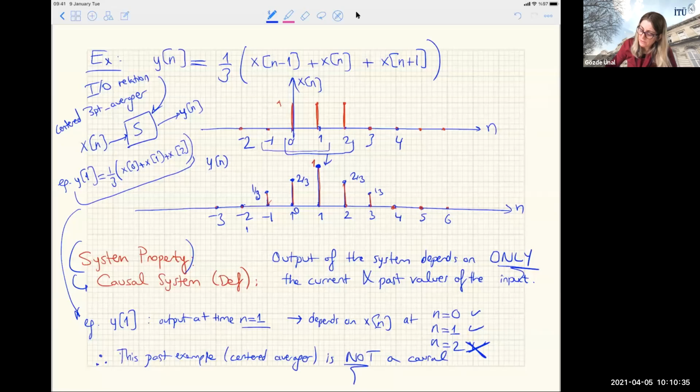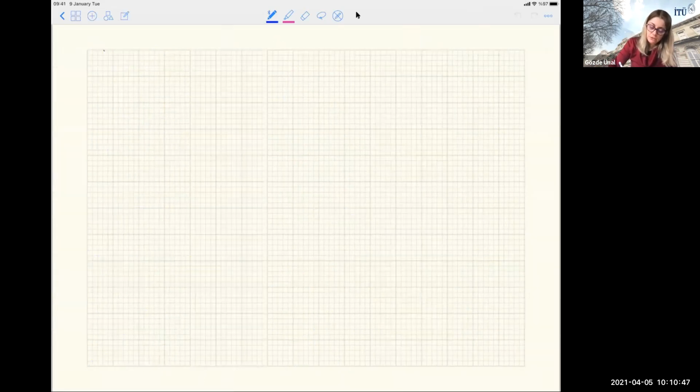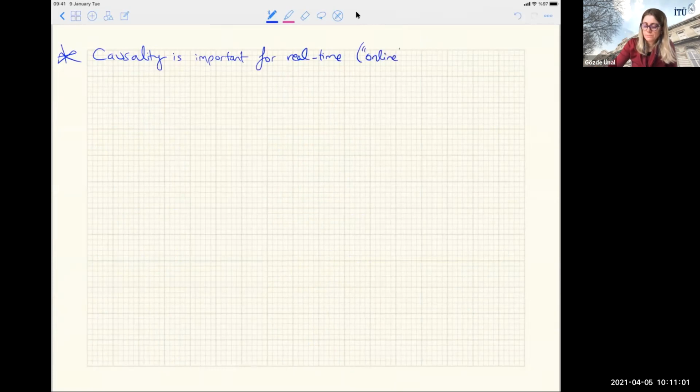Why am I talking about it? This is important for real-time systems. There is something called an online system or a real-time system. So let's write this. Causality is important for real time, or also called online implementation of a system.